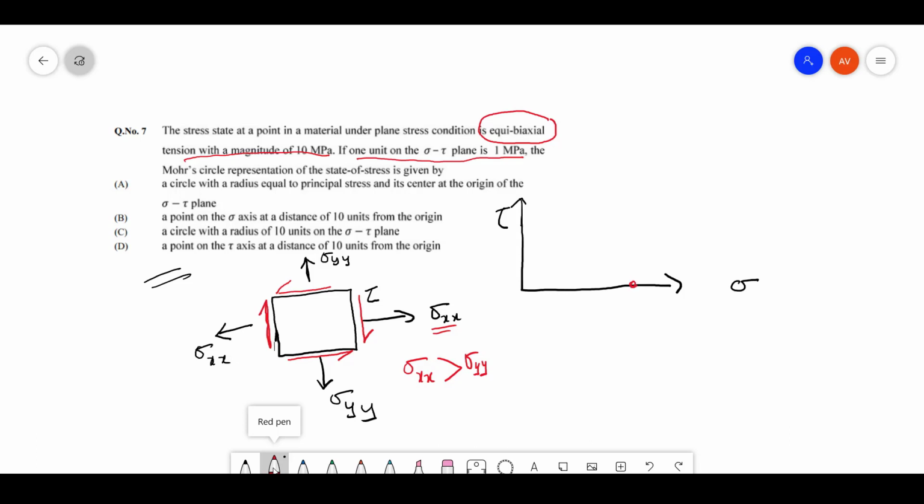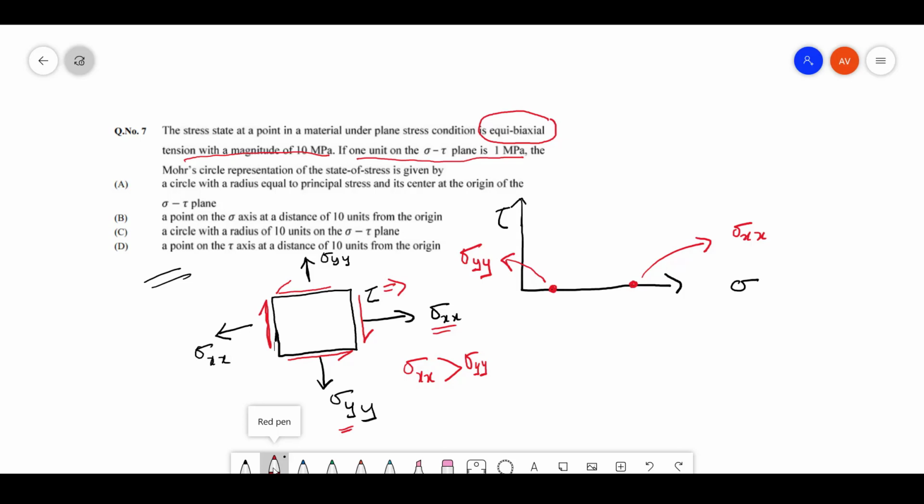So you'll get sigma xx, let's say here, sigma xx. Now let's say sigma yy. So let's assume it is here. So that is our sigma yy. Okay, so now let's try to plot tau.